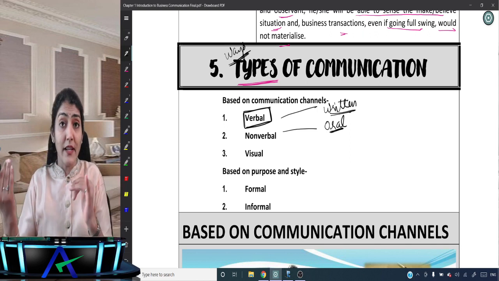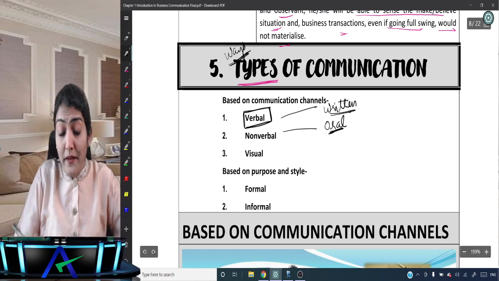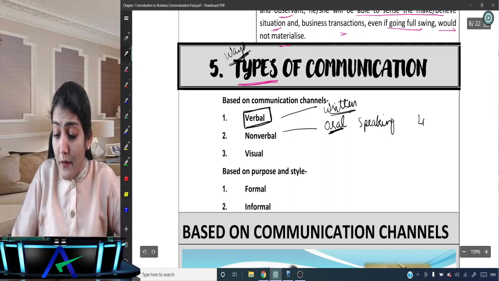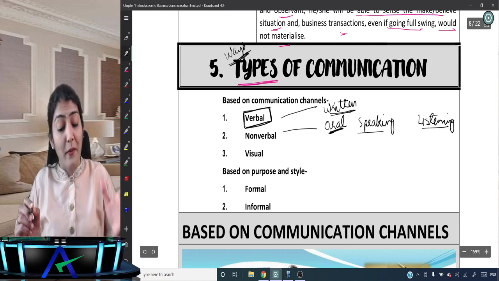Oral requires speaking skills on the part of the sender, and listening skills on the part of the receiver. So a different skill set is required.